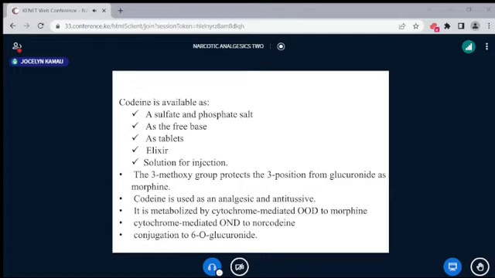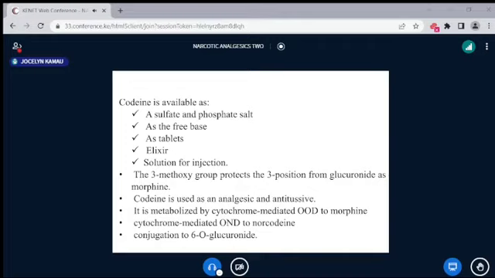So we are saying the 3-methoxy group protects the 3 position from glucuronidation, as in morphine, giving it a slightly longer duration of activity. It is used as an analgesic and antitussive, because it has slightly lesser toxicity compared to morphine, and because of the change in structure, it developed antitussive activity.